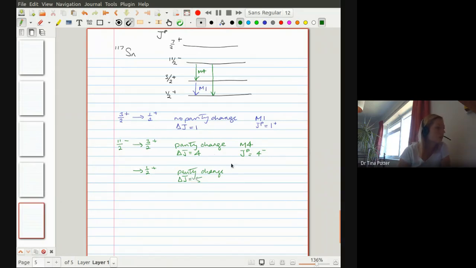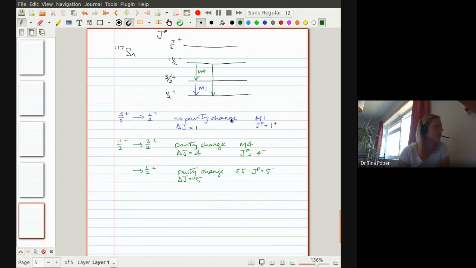Right, so what can we have here? We could have an E5, but actually that's less likely than M4. So we could have this E5 transition. Where is that going to sit? That's going to give us a spin parity there of 5 minus.